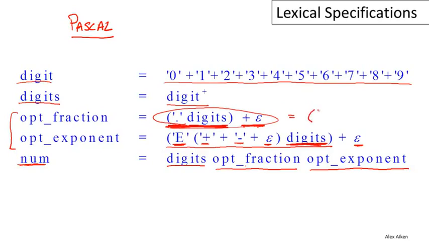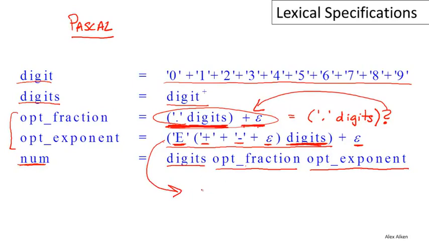So another way of writing this that's common is to say that that's my fractional component, and then it might be absent. So the question mark after a regular expression just means exactly this construction, that we take that regular expression and we OR it with epsilon. And so this regular expression is a little more complicated. It has 2 optional components.